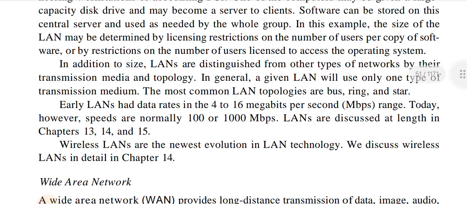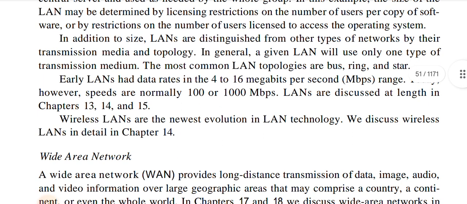In addition to size, LANs are distinguished from other types of networks by their transmission media and topology. In general, a given LAN will use only one type of transmission medium. The most common LAN topologies are bus, ring, and star.